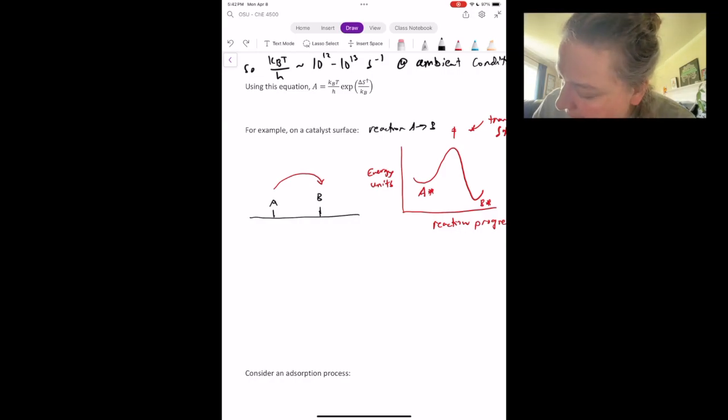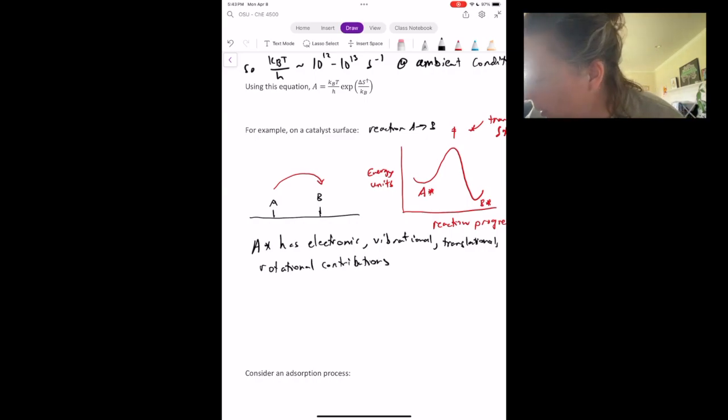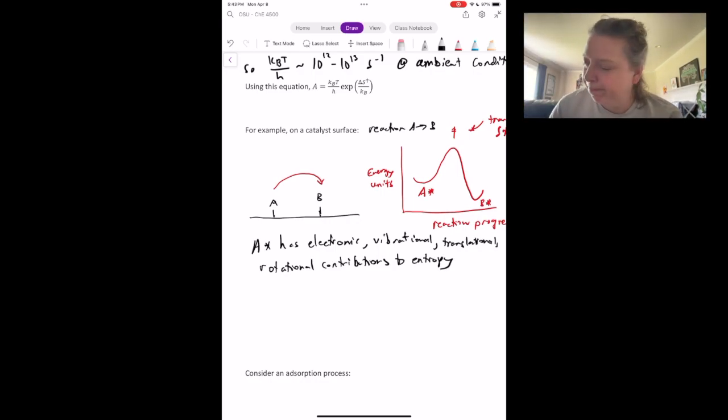So A has electronic, vibrational, translational, and rotational contributions to entropy or energy or free energy.